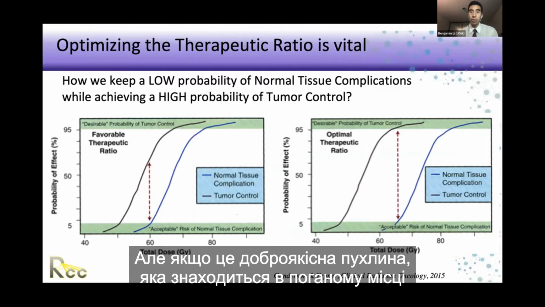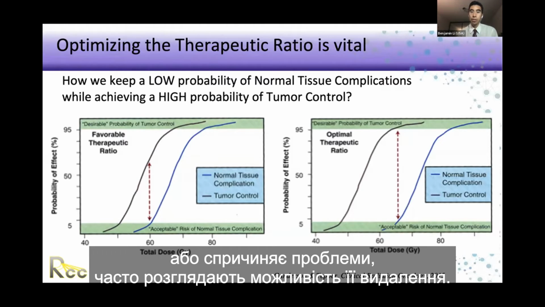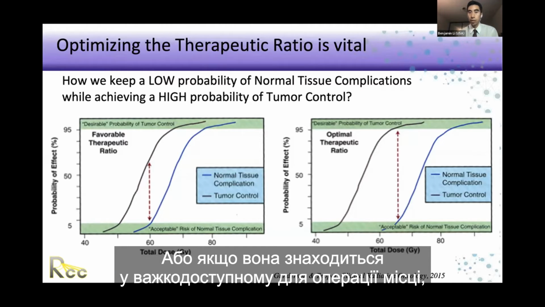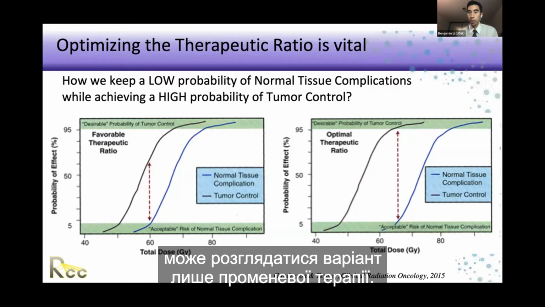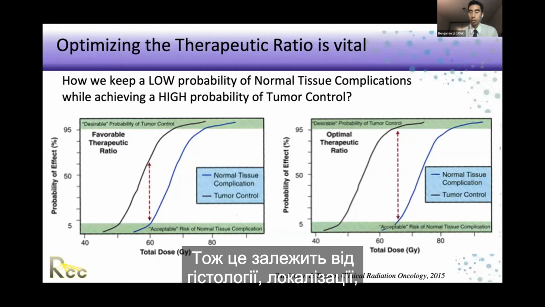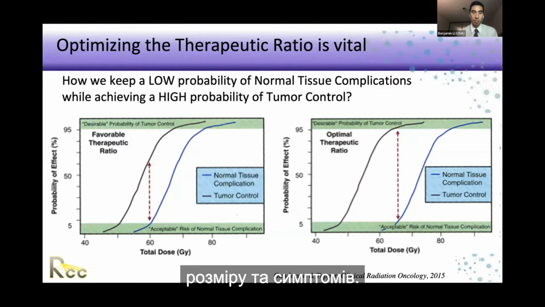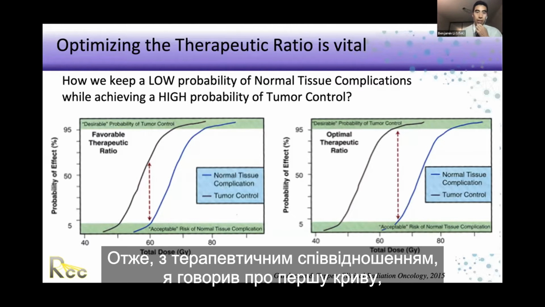But if it's a benign tumor that's in a bad spot, or if it's causing problems, then they'll often consider surgery to remove it. Or if it's in a hard place to access with surgery, they may consider radiation alone. So it depends on the histology, the location, the size, and the symptoms. Great question, though.